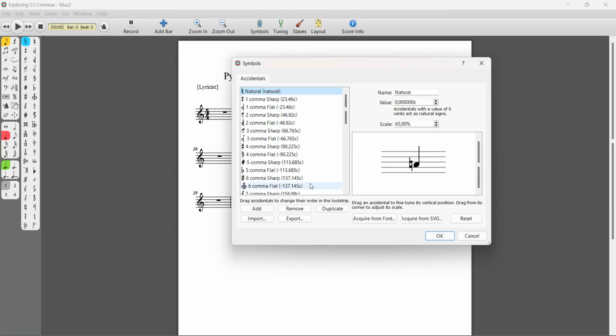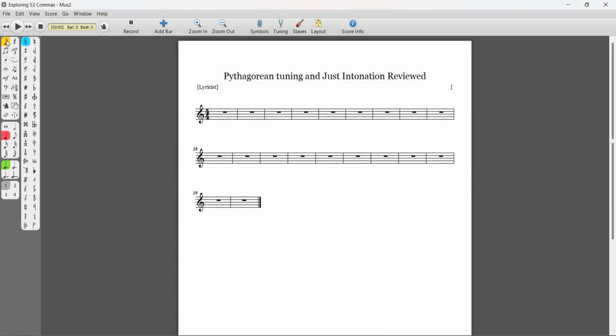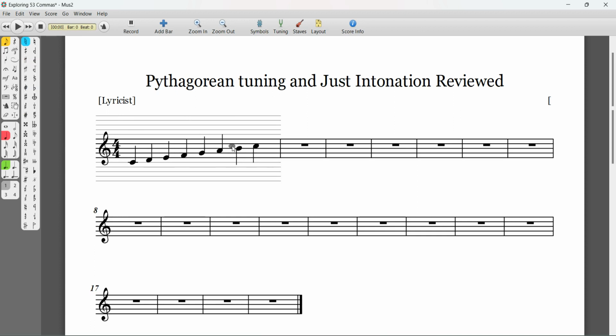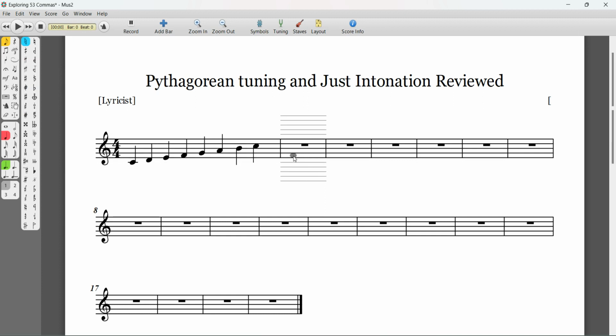So we can get, for example, our major scale here in C. But we can also get a major scale with just intervals.